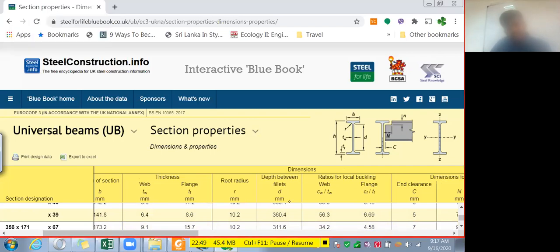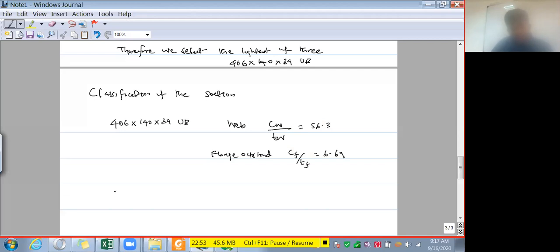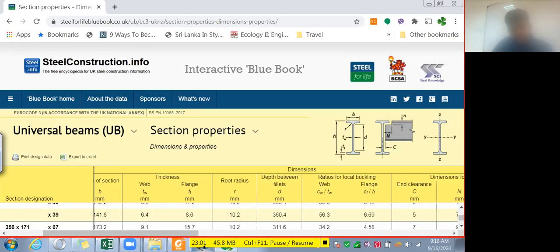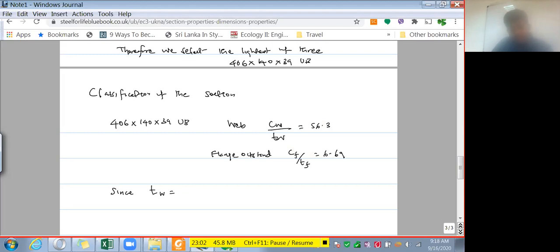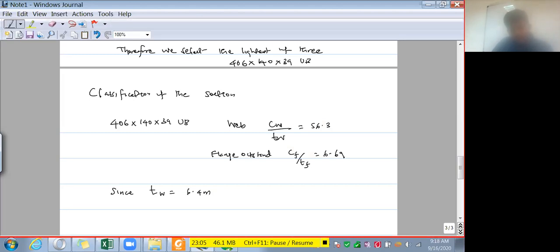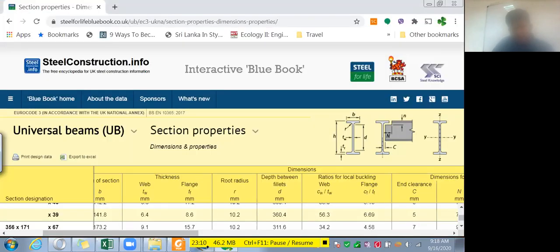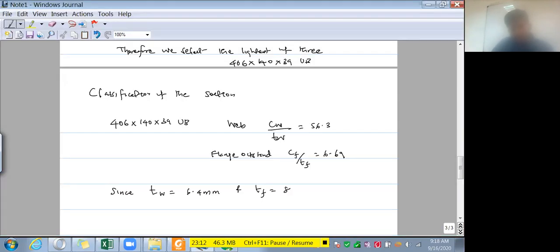So safely our Fy is 355, since the thickness of the web is equal to 6.4 millimeter and the thickness of the flange is equal to 8.6 millimeter.